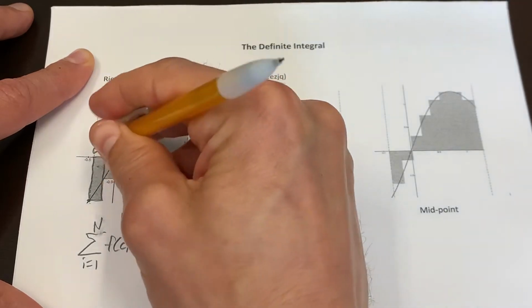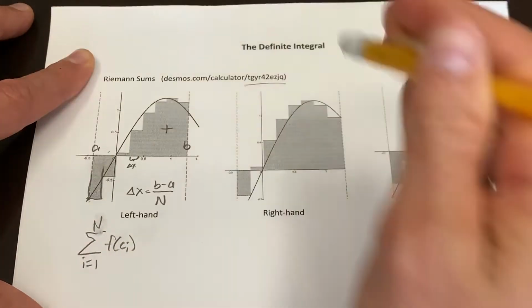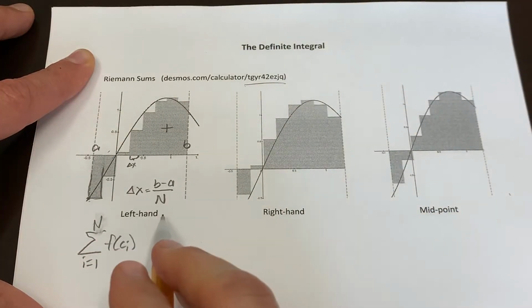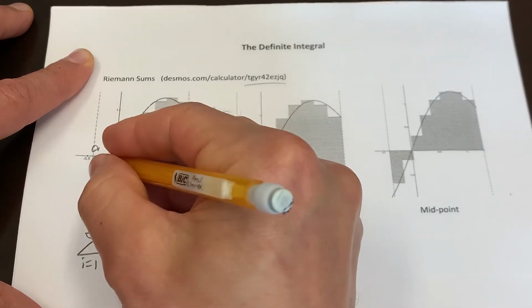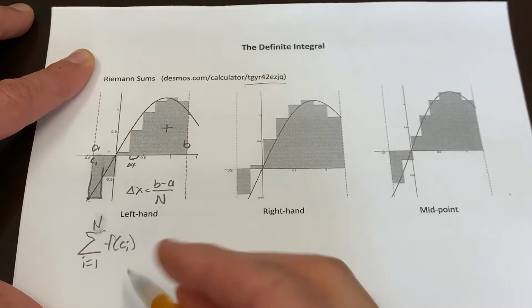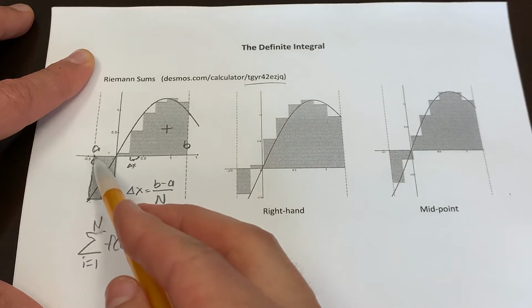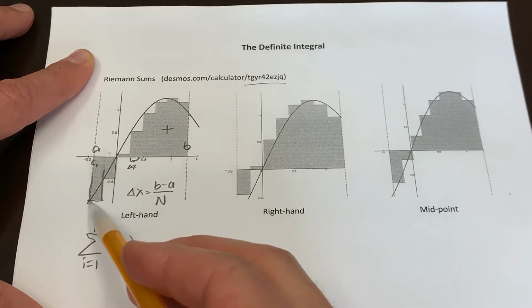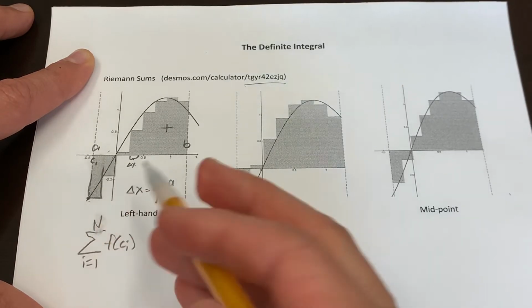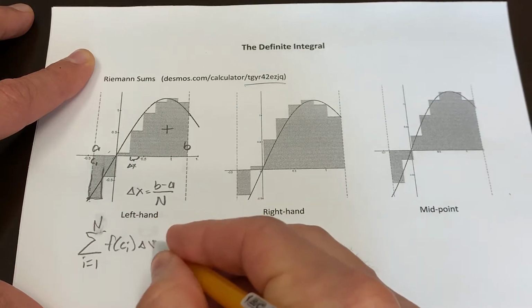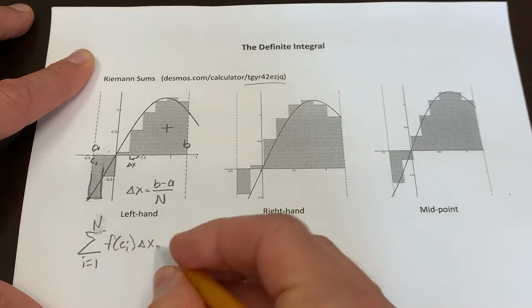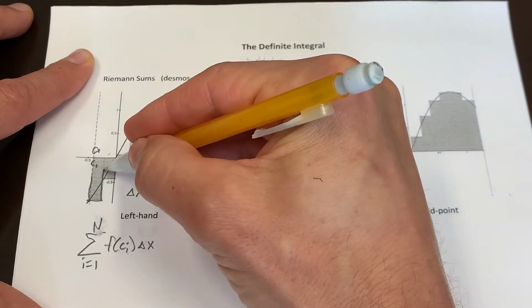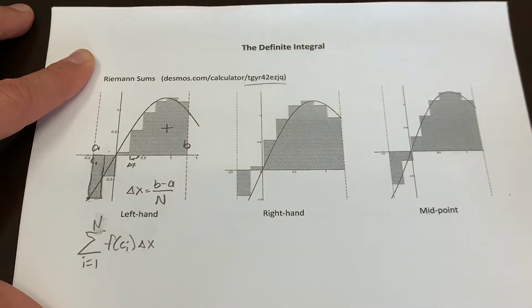In this particular box, since I'm using left-hand Riemann sums here, I'm approximating this box at c_1. So c_1 is this x value. f of c_1 is that height. It's negative. And then I'm going to multiply that times delta x.